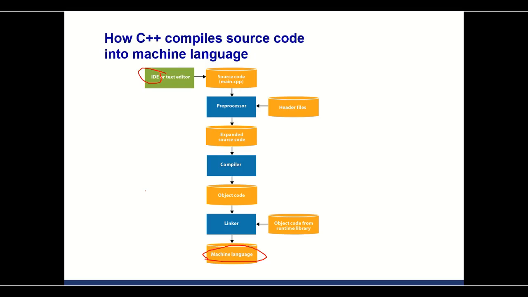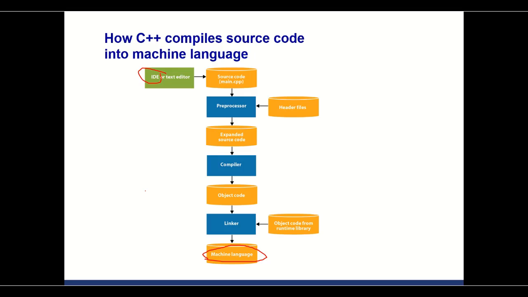In the second step, the compiler converts this expanded source code into machine language. The machine language at this intermediate step is called object code, and it's stored in an object file.